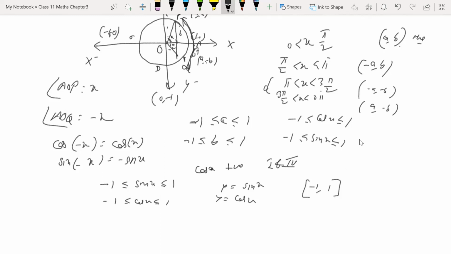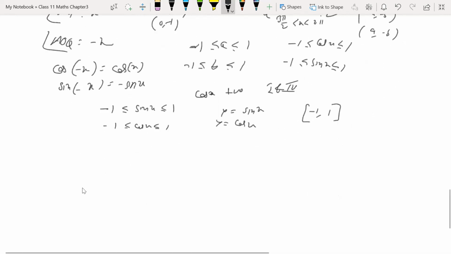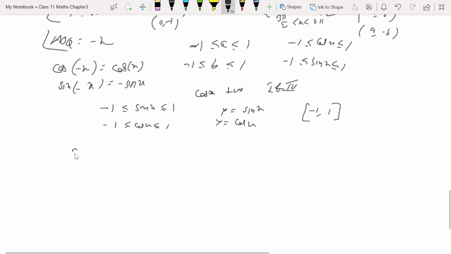We have the following tables for the first, second, third, and fourth quadrants, like the table in your class. For sine, in the first quadrant it increases from 0 to 1.